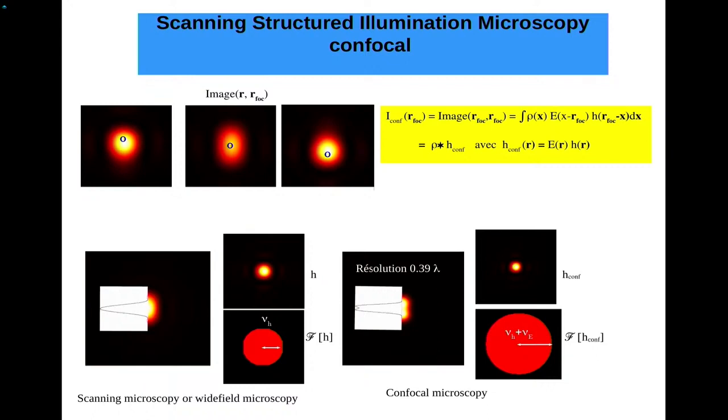And so instead of taking the intensity at this place very precisely, you integrate the intensity over an Airy disk, over a large pinhole, and as soon as you start integrating, you are coming back toward the scanning microscope.